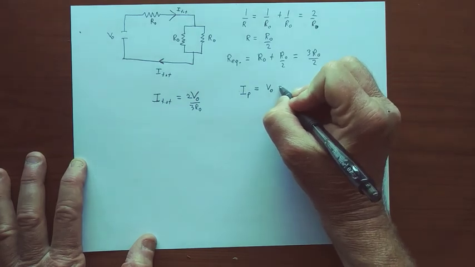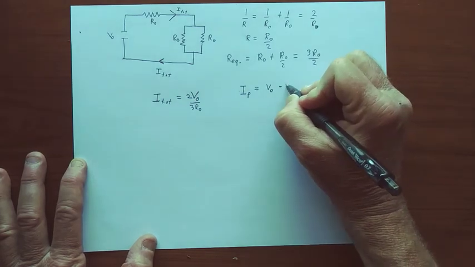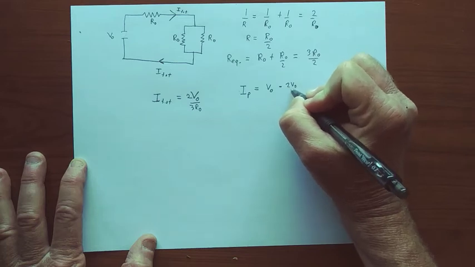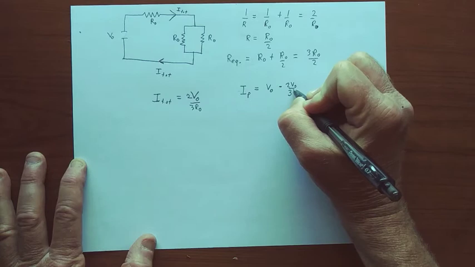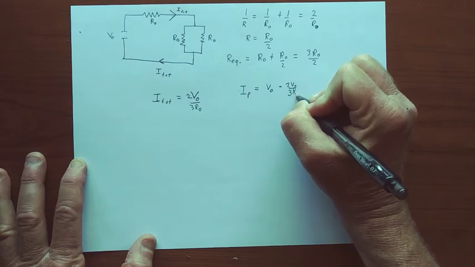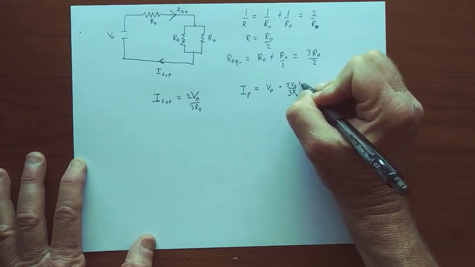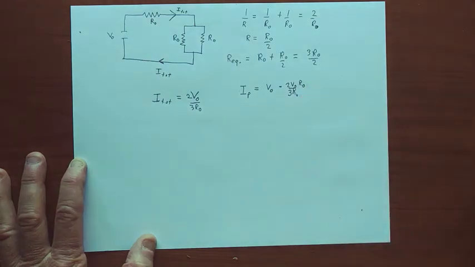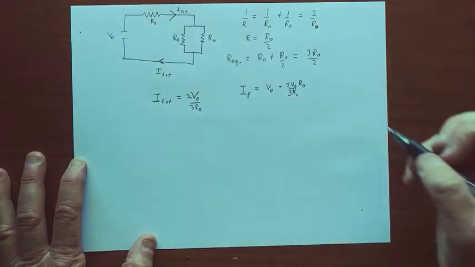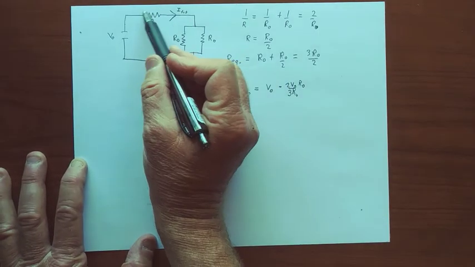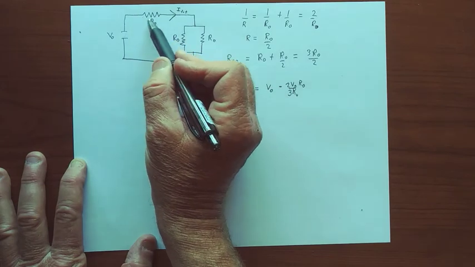So we're subtracting 2 V naught over 3 R naught times R naught.